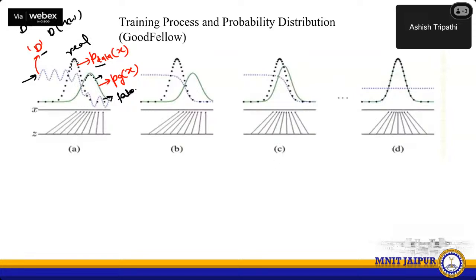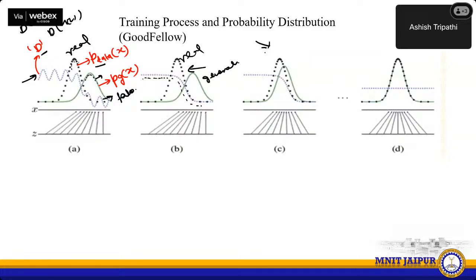After some epochs, this generator will be a little bit closer to the real data. So now it will become a little bit difficult for the discriminator. The discriminator has trained itself, and it is something like this. Now it is a little bit difficult for the discriminator to discriminate between the real and the generated samples.